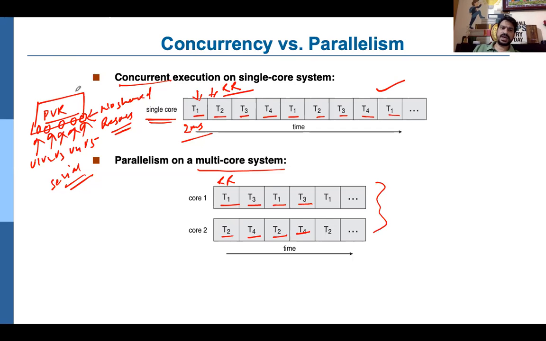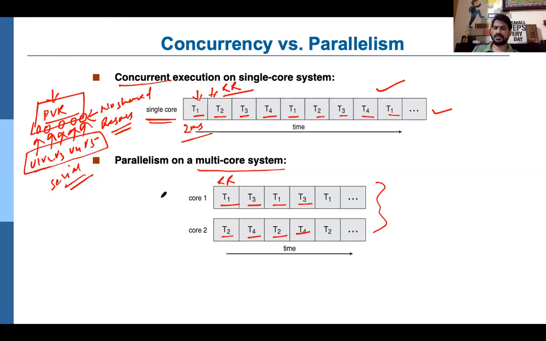So here we have only one resource, that is the PVR, and we are allowing multiple users to book the ticket into one database. It is just like concurrency. And when we want to achieve parallelism, it means that we have multiple cores available, and we are dividing the task into 2 parts, and one set of tasks will be provided to one core, another set of tasks will be provided to another core.